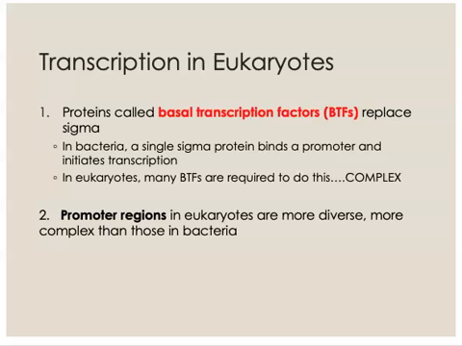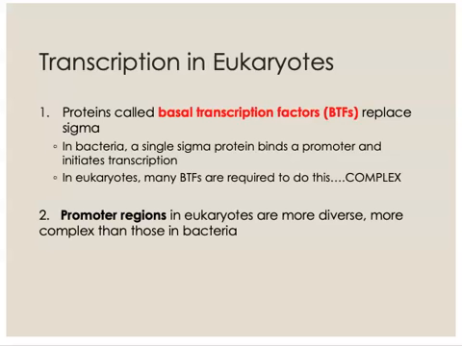Now, I mentioned earlier that I would point out to you some of the key differences in the transcription process in eukaryotic cells. In eukaryotes, there is no sigma. Instead, there are proteins called basal transcription factors that replace sigma.